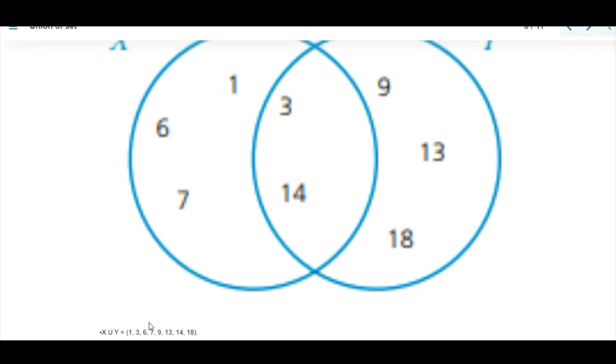All the elements in X and in Y are put together to form a new set. So we have 1, 3, 6, 9, 13, 14, 18, following the ordering of numbers. This is an example of how a union set looks.